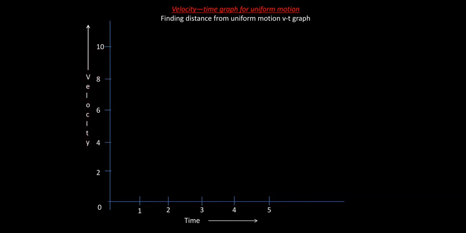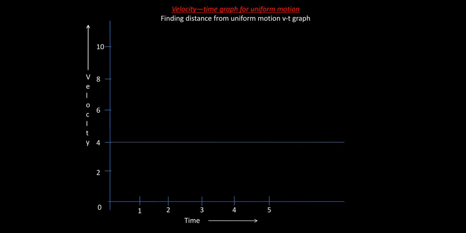Now what I have to do is just the opposite of what we have done earlier. I have to find distance from this uniform motion graph. I'm already telling you this is a uniform motion graph. That means same speed throughout. So you are going to get a line like this.